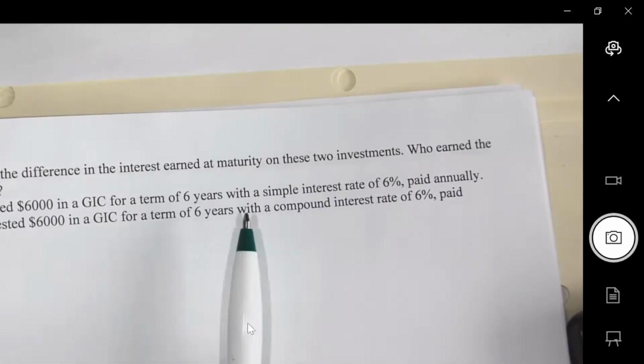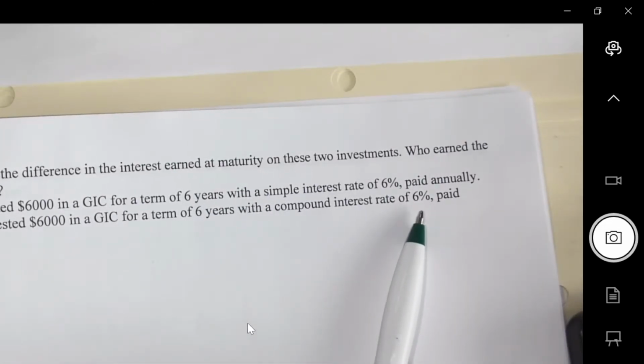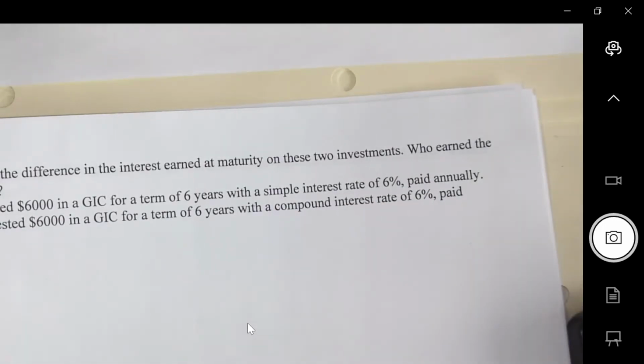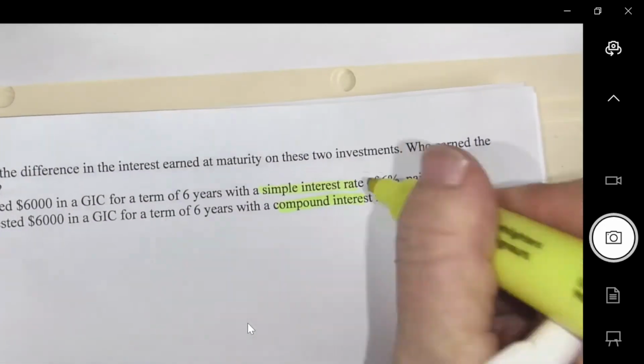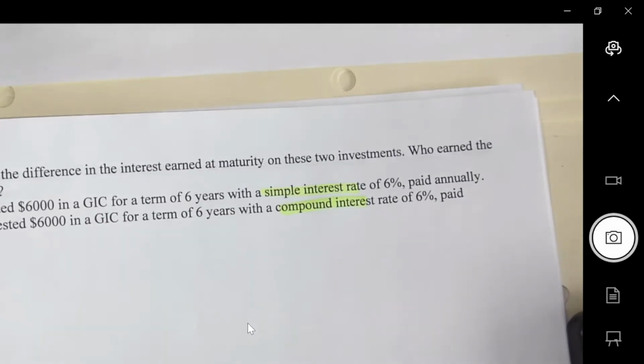They both did it for 6 years. They both did it at 6%. One person did it with simple and one person did it with compound interest. Who is going to earn the most money? The simple person or the compounded person? Compounded. Okay? So you need to understand that concept.